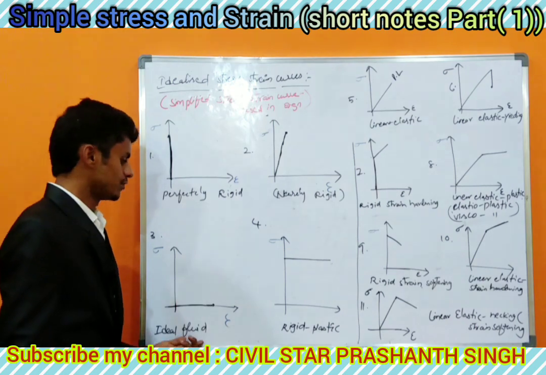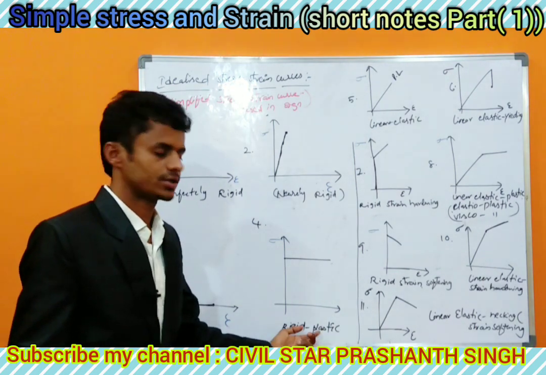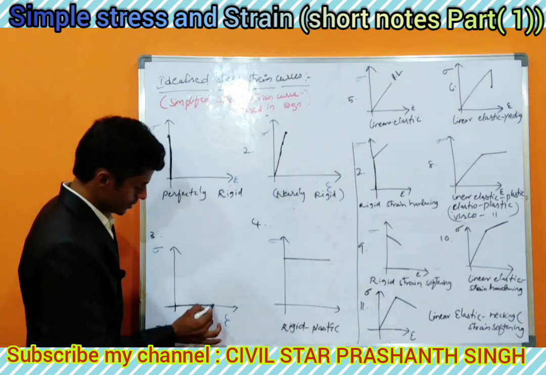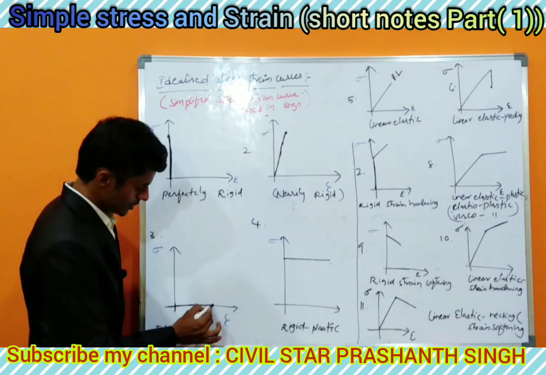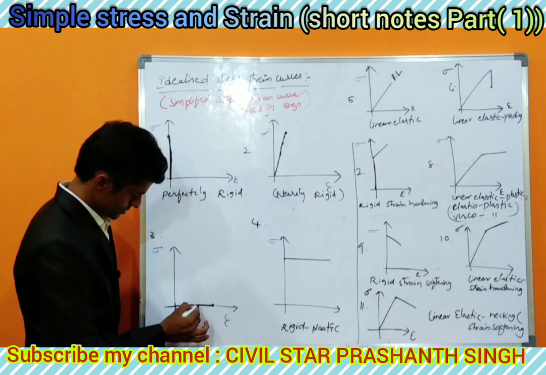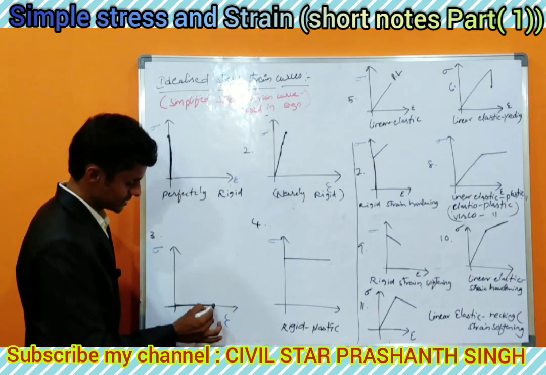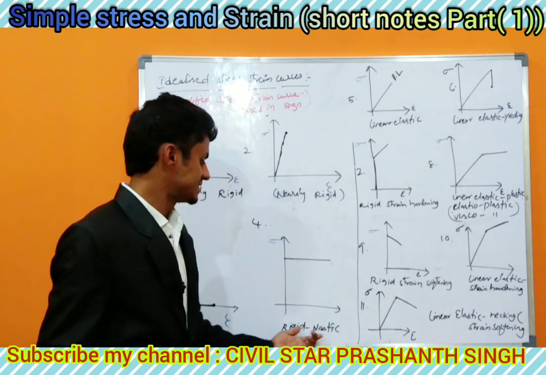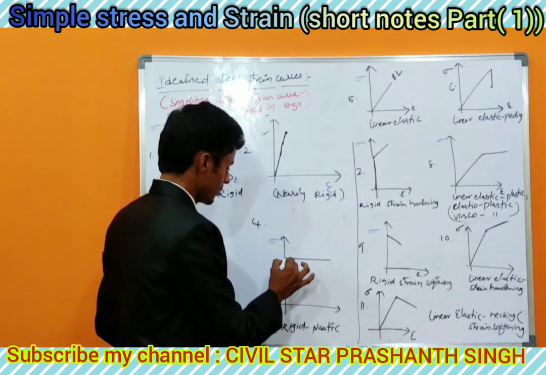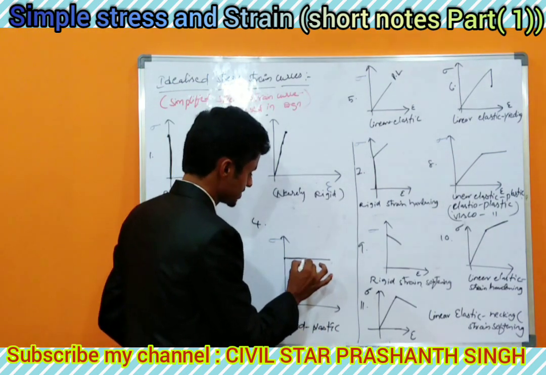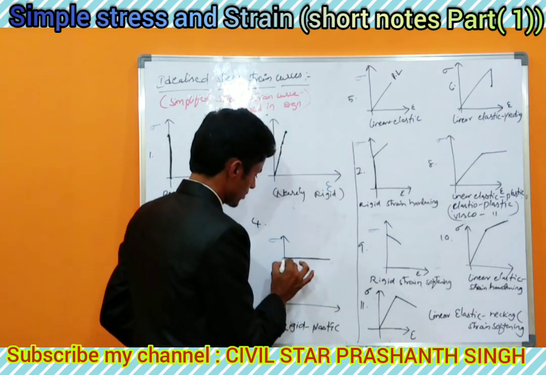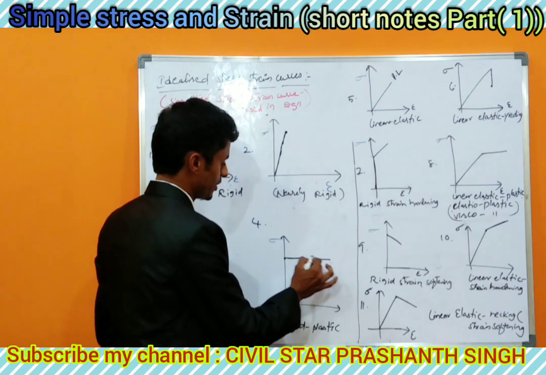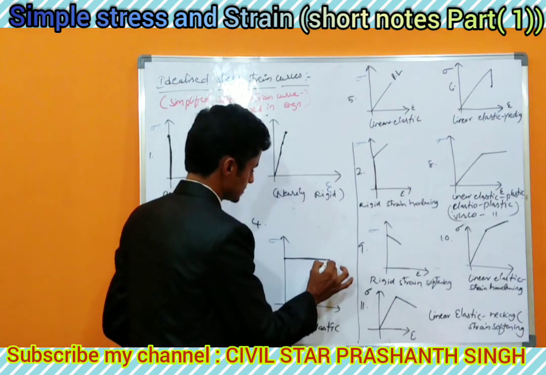Next one, ideal fluid and rigid plastic. For the ideal fluid, the graph is like this. It is on the x-axis. Next one, rigid plastic. For the rigid plastic, we have a straight line at some distance from the x-axis, perpendicular to the y-axis.